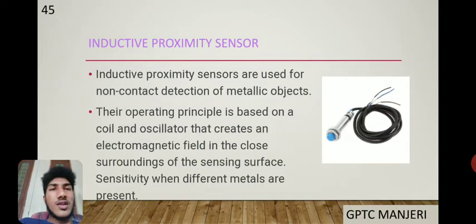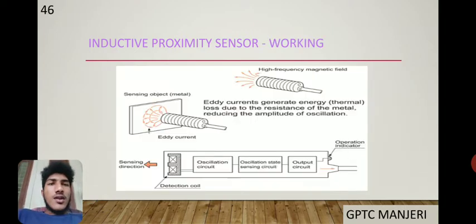We will discuss the inductive proximity sensor. Inductive proximity sensors are used for non-contact detection of metallic objects. This is the working diagram of the inductive proximity sensor. The oscillator circuit produces a magnetic field.